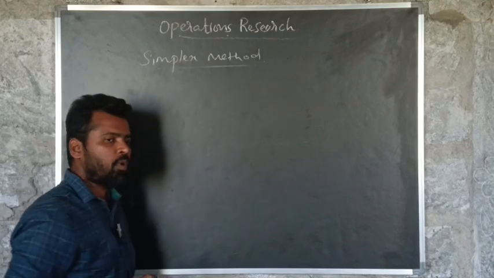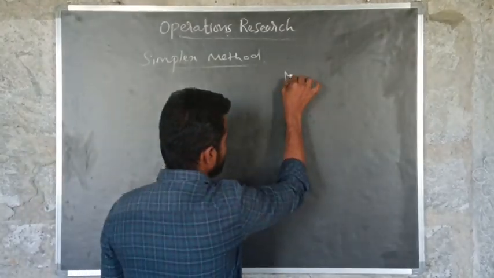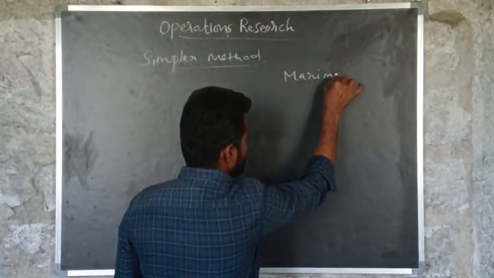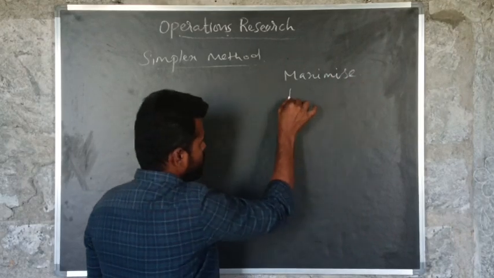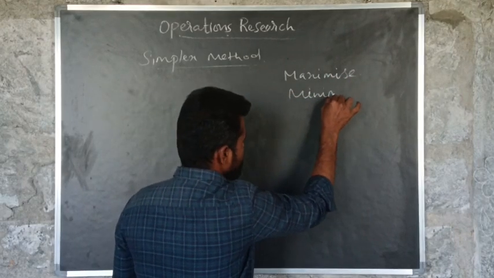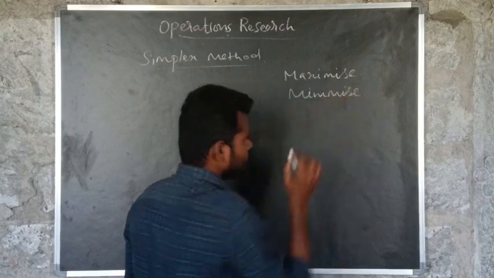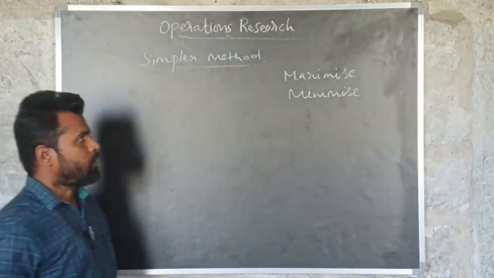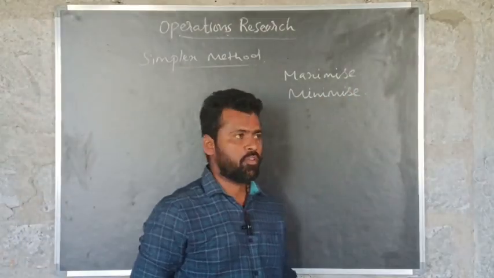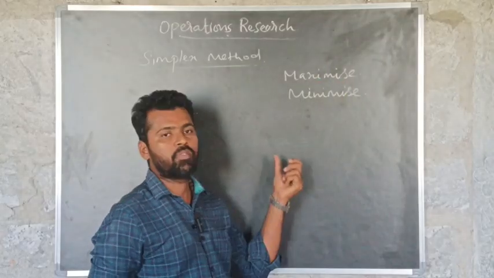There are two kinds of problems: one is maximize, another one is minimize. So here are the conditions to find the optimal solution in a maximization problem and a minimization problem.